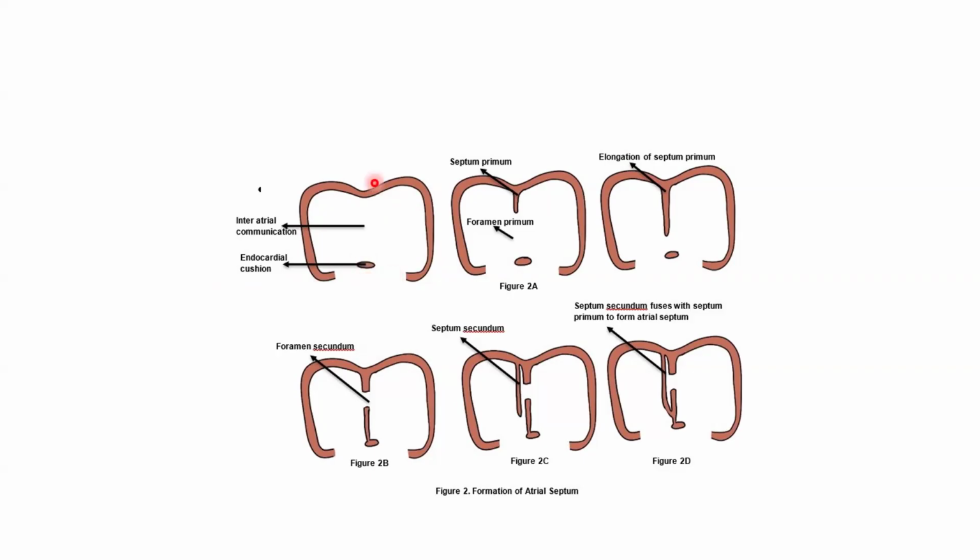Okay, so the first step in the septation of the atria is invagination of cells from the roof of the atria, and these cells are called the septum primum. They begin to develop downwards, and their target is to get to the endocardial cushion so that they can separate the atria.